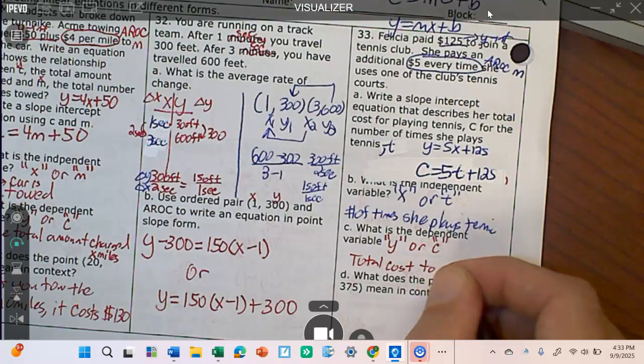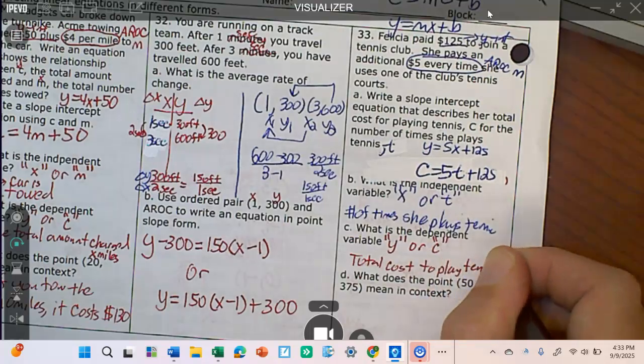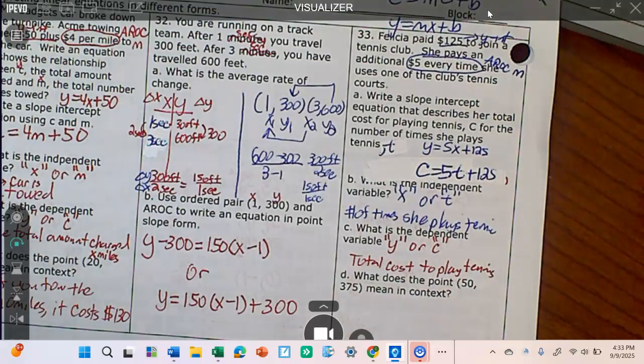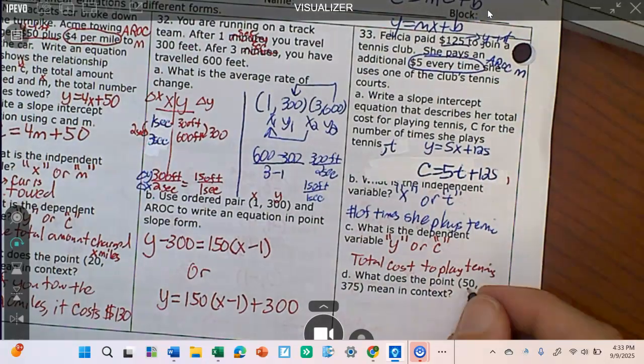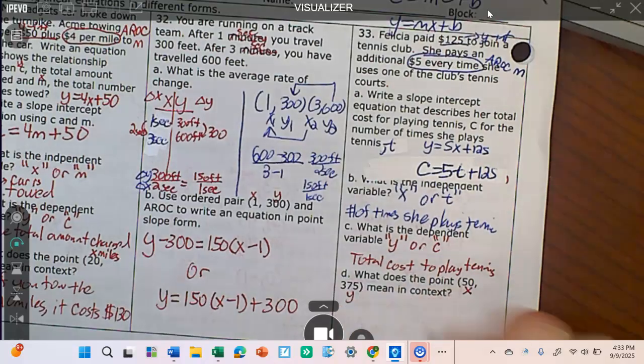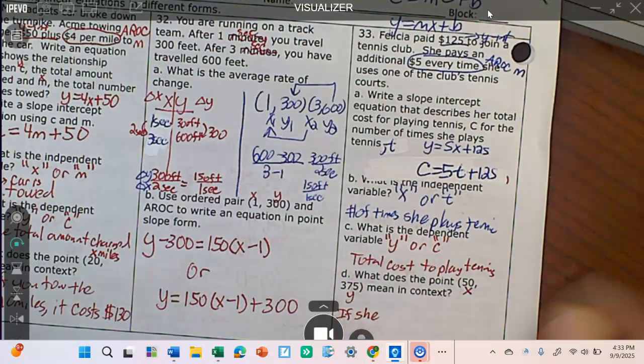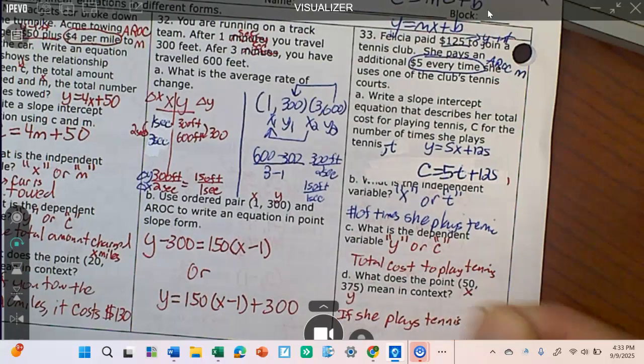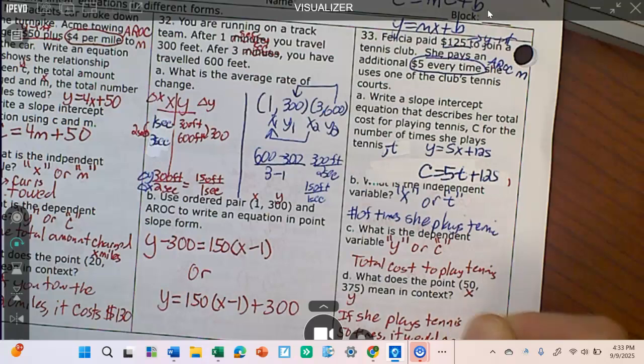Total cost to play tennis. Okay, so what does 5(50)+125 = 375 mean? It means if she plays tennis 50 times, it would cost $375.